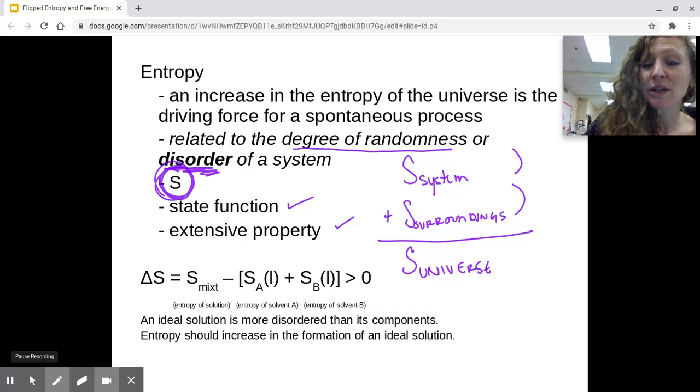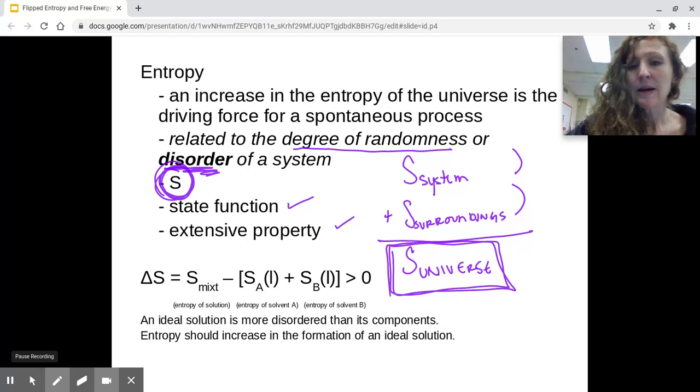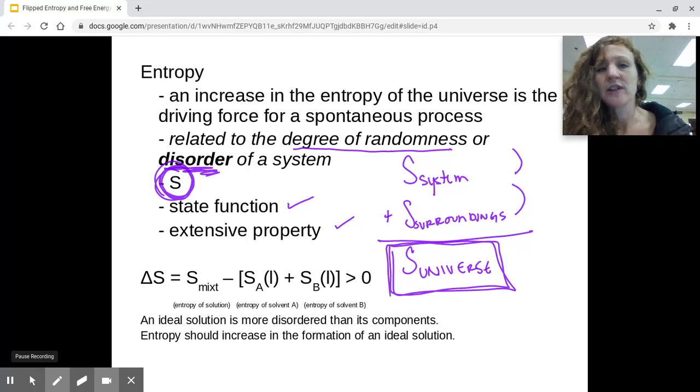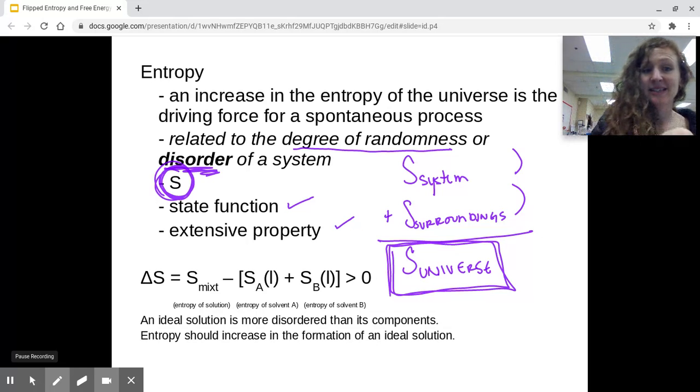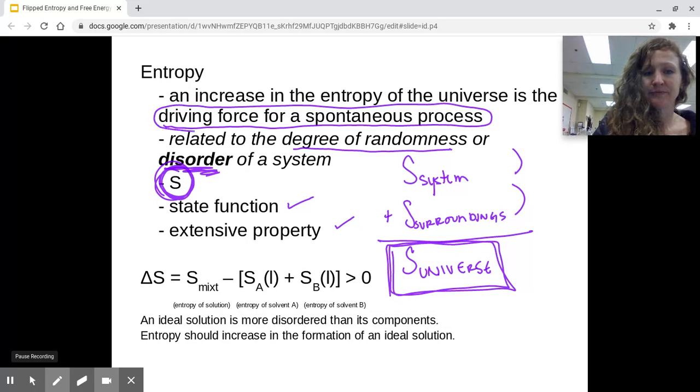But entropy of the universe, on the other hand, can. So if the universe is going towards disorder, so an increase in the entropy of the universe, that is the driving force for a spontaneous process.